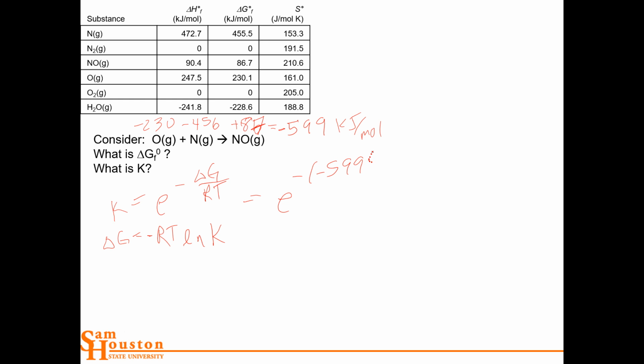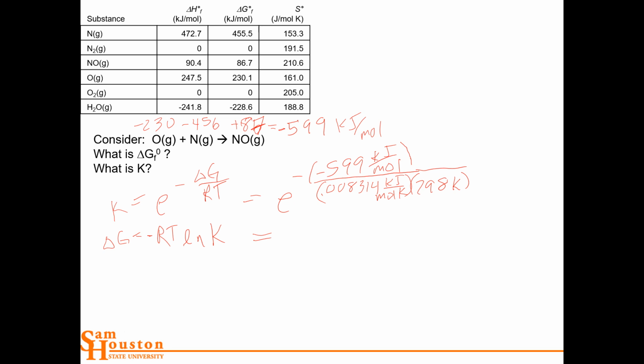So we'll say this is kilojoules per mole, and we'll divide by 0.008314 kilojoules per mole Kelvin. And the temperature, 298 Kelvin. So all of the units cancel. We have a unitless exponent, which is what we want.